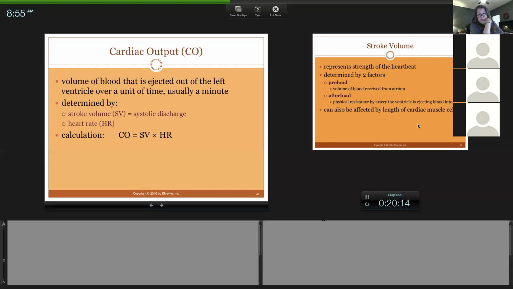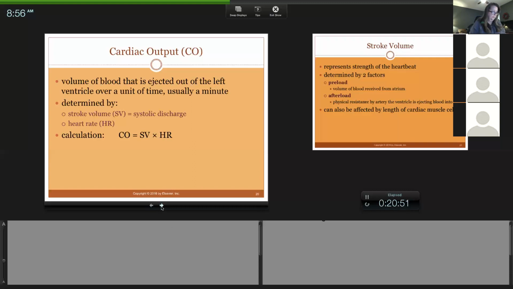Now, heart rate, you just get a heart rate on the dog. So if we measure stroke volume during the procedure, and then we get the heart rate, you multiply that, and that gives you the cardiac output. I do want you to know this calculation. Not that you were going to have to do this calculation, I just want you to know the formula. CO equals SV times HR. Cardiac output equals stroke volume times heart rate. And what we are literally measuring is how much blood is leaving the heart.